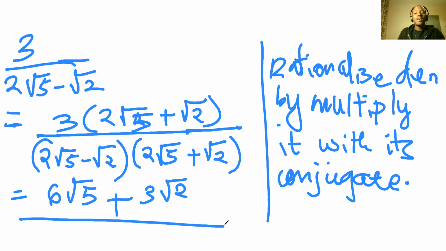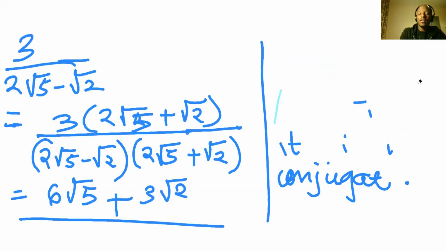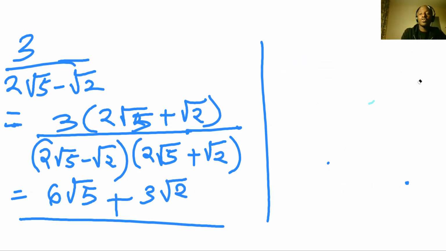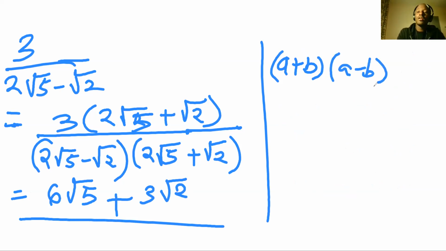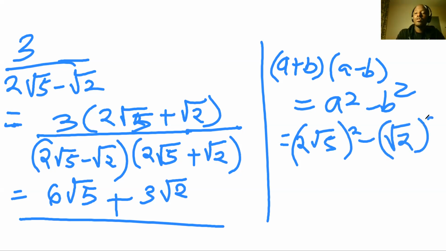Now you see at the denominator, you apply the quadratic identity that we talked about, which says that a plus b times a minus b is equal to a squared minus b squared. In this case, our a is 2 root 5, so it will be 2 root 5 squared minus b squared. Our b is root 2 squared.